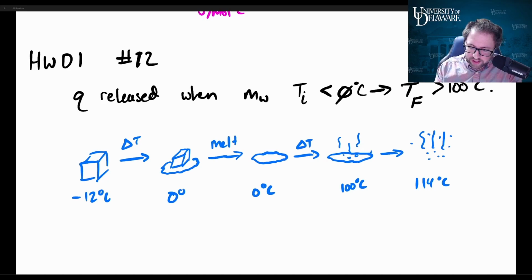And what'll that be? That'll be mixed phase. So I guess I need to draw this twice because this is it boiling. So when it boils, nope, we want to duplicate.